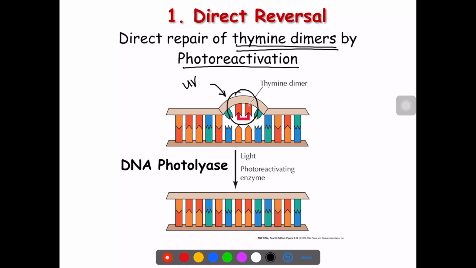In fact, they can happen whenever you have 2 pyrimidines, one right next to the other in one of the strands of DNA. So these cyclobutane rings can happen whenever you have 2 thymines, or a thymine right next to a cytosine, or 2 cytosines right next to each other.